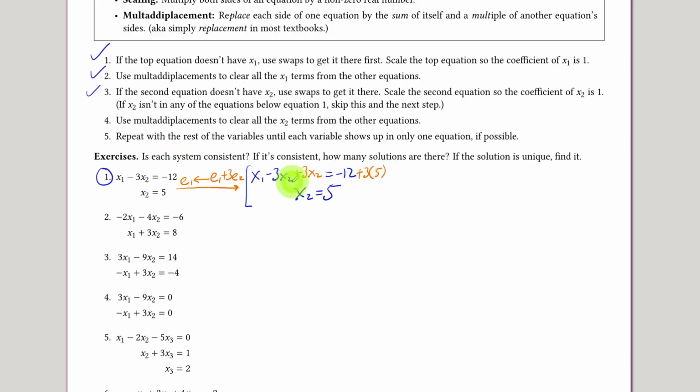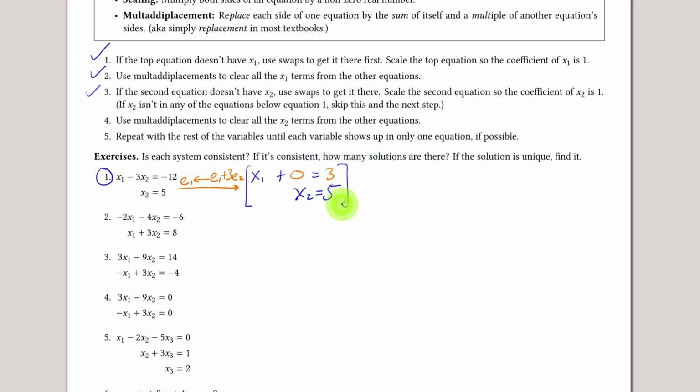Usually we're not going to write this step, because we can just see negative 3x2 plus 3 times x2 is going to be 0. That was the whole point. So you can just write this as plus 0 if you want. And on the other side, negative 12 plus 15 is 3.